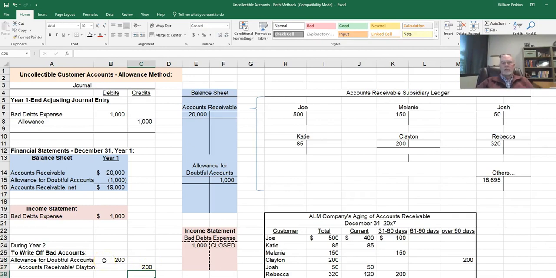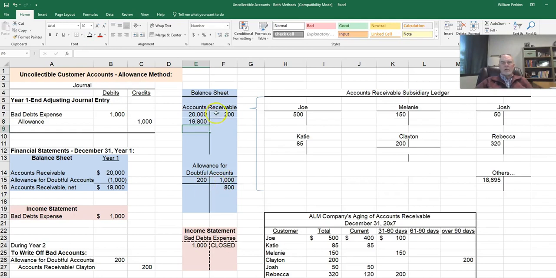So now when I post that to the ledger, the $200 goes here, leaving $800 in the allowance account. And then the credit goes to accounts receivable, $200, leaving $19,800 as a balance in accounts receivable.